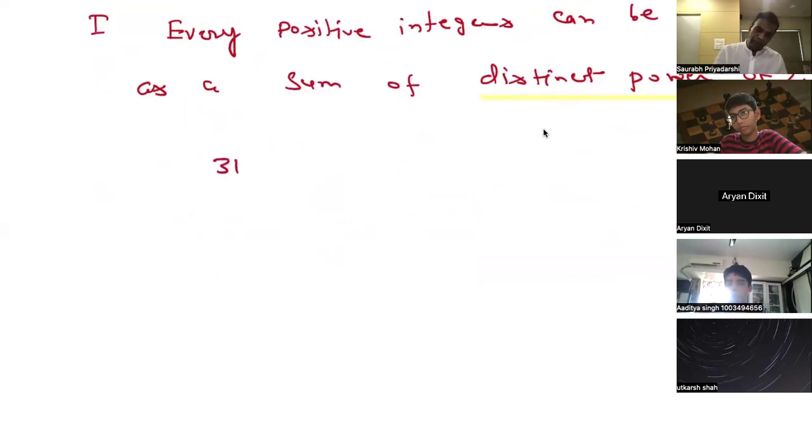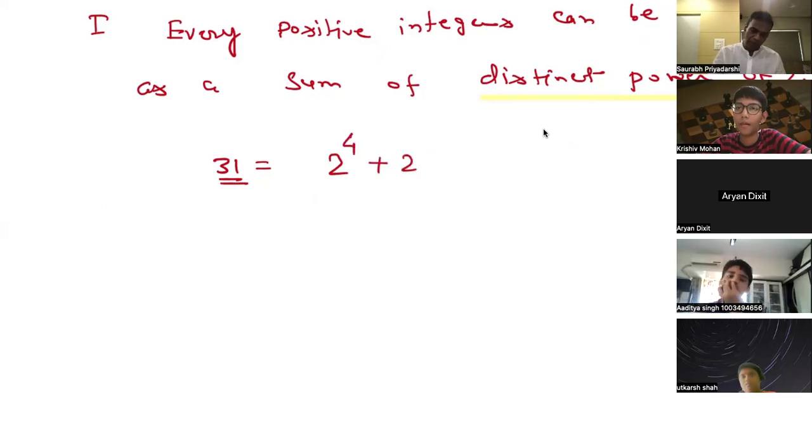Like if I'm saying the number 31, if I want to go for the number 31, that will be a sum of powers of 2: 2 to the power 4, which is 16, plus 2 to the power 3, which is 8, then 2 squared, the number 4, plus 2 to the power 1 plus 2 to the power 0.